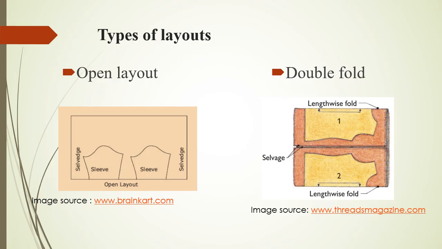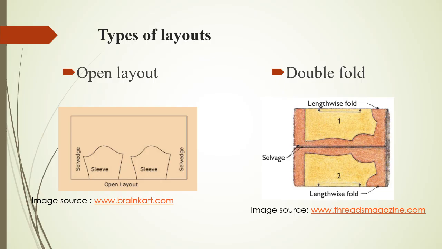We need to completely open the fabric and place our patterns. Not only for asymmetrical designs, but sometimes for one-directional designs, like baby prints, napped fabrics, and velvet fabrics, because velvet fabrics have pile only in one direction. That kind of fabric requires only the open layout.